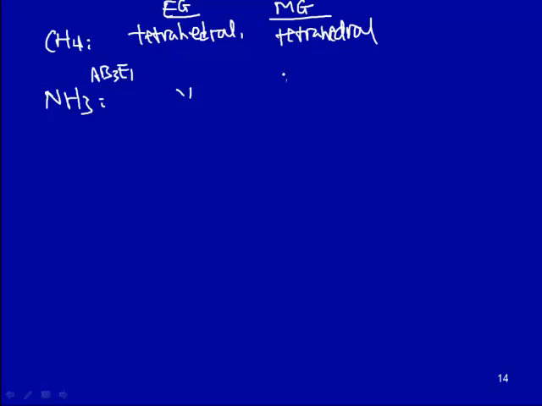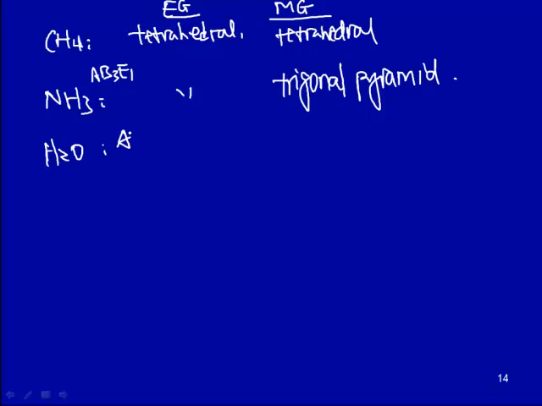Now we have trigonal pyramid. So this one is called trigonal pyramid. A classic example of bent is water, and you will see that one will be AB2E2.